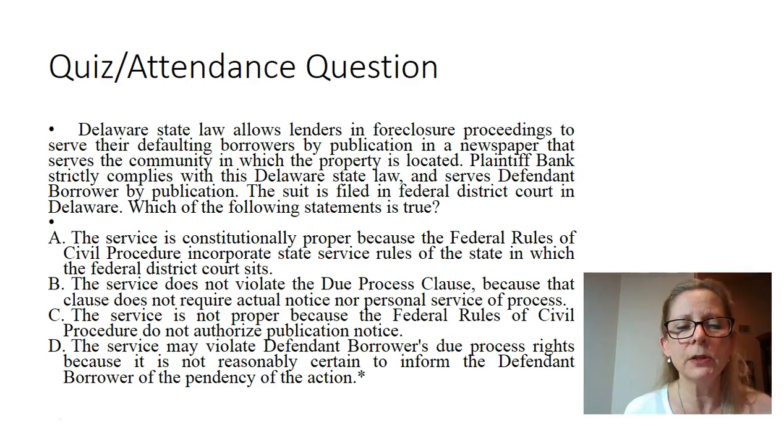The third wrong answer is C. The service is not proper because the federal rules of civil procedure do not authorize publication notice. Again, the last half of that sentence is right. The federal rules of civil procedure do not authorize publication notice on their own, but the reason the whole thing is wrong is through the Federal Rule 4's incorporation of state law service provisions in the state where the federal district court sits and the state where the defendant is served.